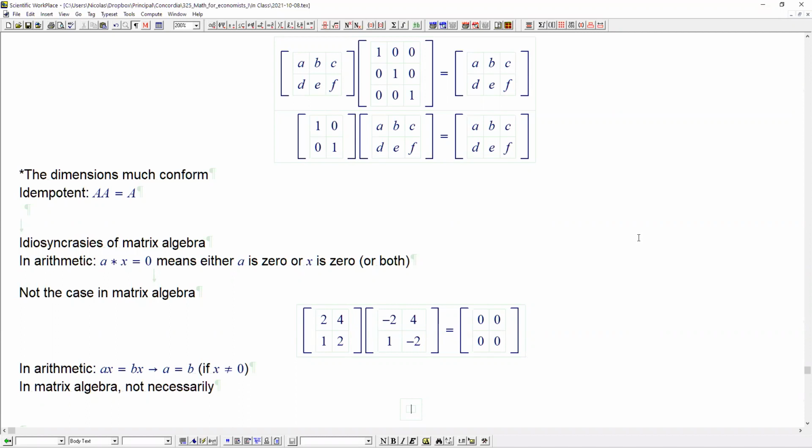Not sure I understood. So what I'm saying is, can you give me an example in which AB equals, let's say, AC, and this does not imply B equals C?